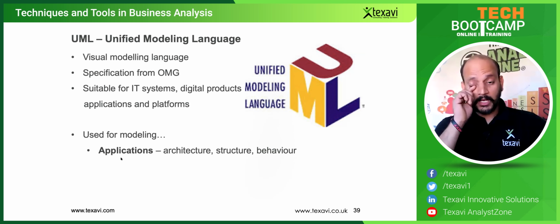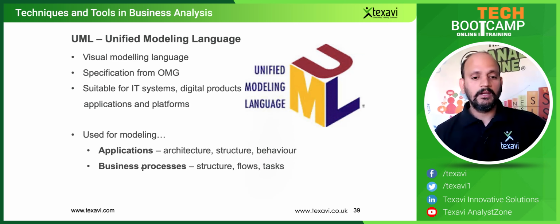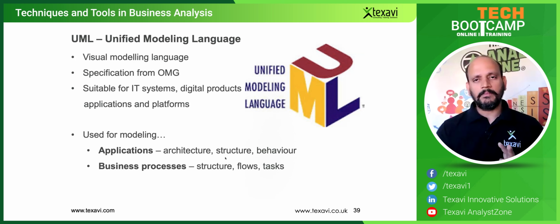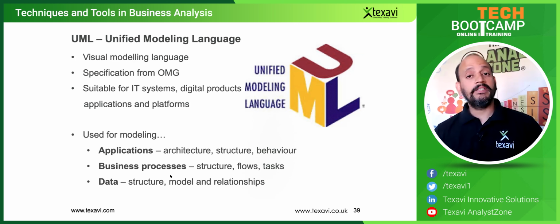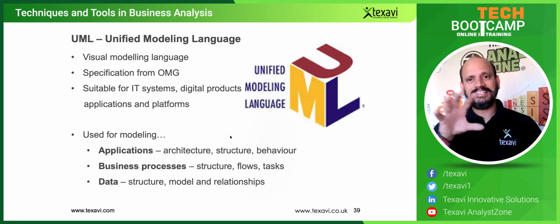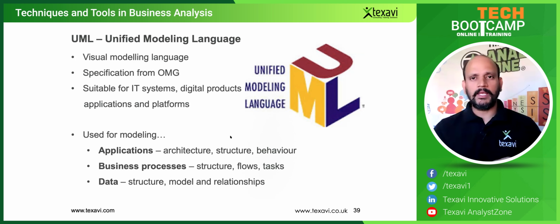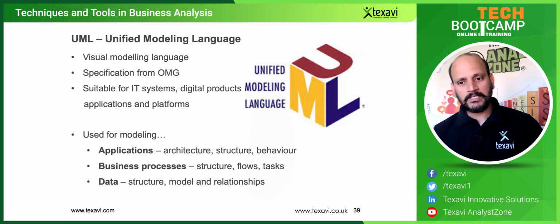Application architecture, structures, behaviors, business process. For business process we can use what's called BAM, business activity modeling, and we can use UML for that. And then we can use it for data as well. I've used a lot of Visio diagrams for depicting the data entities, the structures, the relationships between them, the multiplicities, and all that stuff.